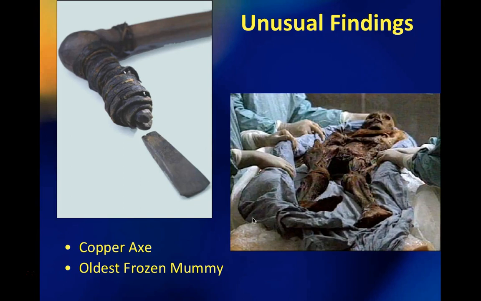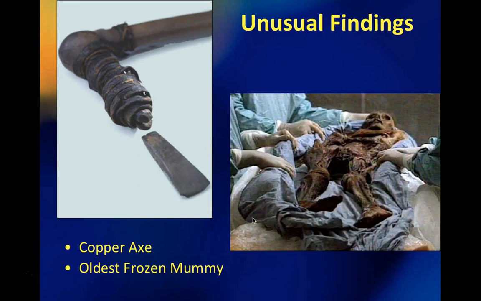Not only that, by the time they determined the age of this mummified remain, which is roughly 5,300 years ago, they realized that the fact that he had a copper axe turned back the clock on the Copper Age in that part of Europe at least 1,000 years or so.